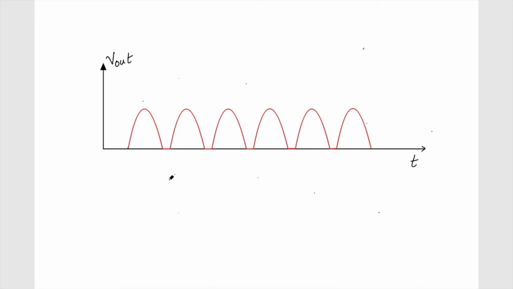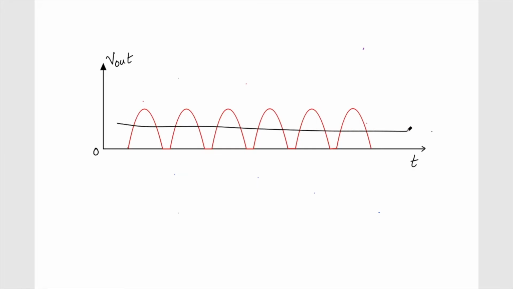So finally this is the waveform that I have got after the full wave rectification, whether by center tap or by bridge rectifier, but still it is not a perfect DC. Of course the signal is above zero, so the DC component is high, but still it is not perfect DC.